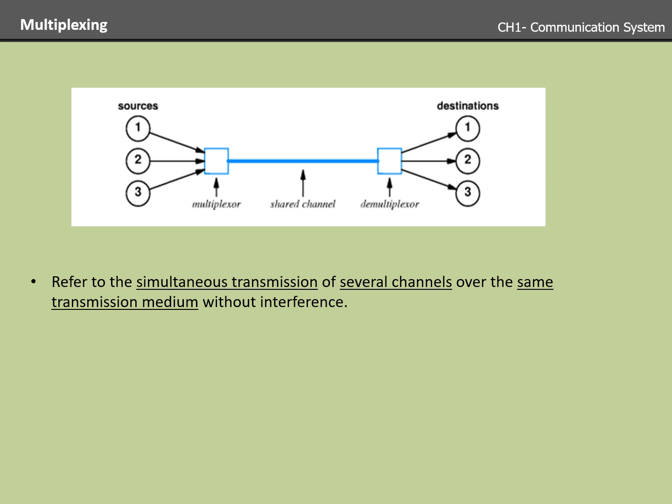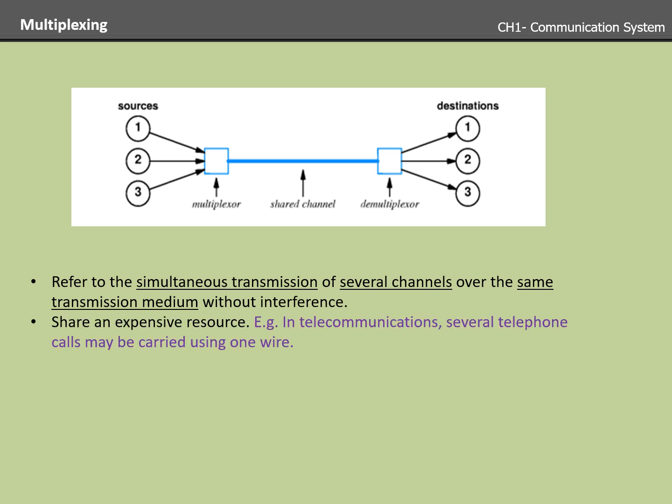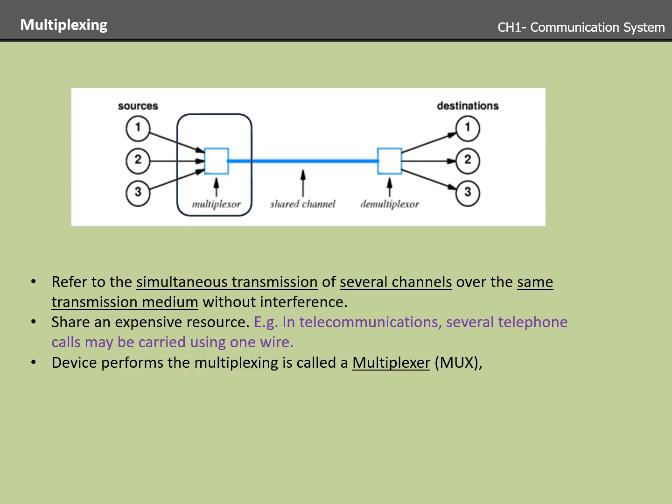Now we come to multiplexing. Multiplexing is a method for simultaneous transmission of several channels over the same transmission medium without interference. This is to share the expensive resources such as the transmission medium. The device that performs the multiplexing is called a multiplexer.